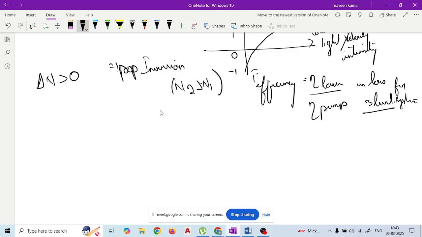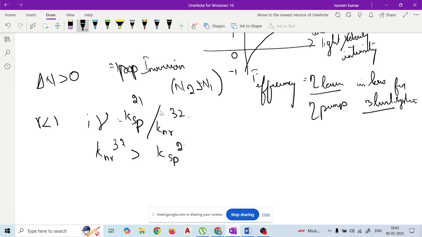And then R should be less than 1, that is gamma. The gamma, we know, is a ratio involving the non-radiative decay. And another one, K_SP should be this one.